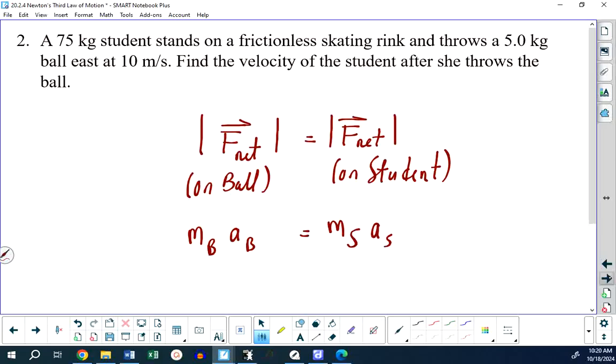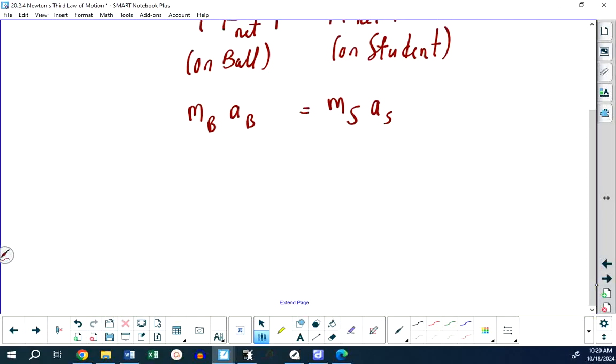Well, that's kind of useless because we don't know any of the accelerations. But we're going to go a step further. And we're going to say the mass of the ball multiplied by (VF minus VI) over T of the ball.